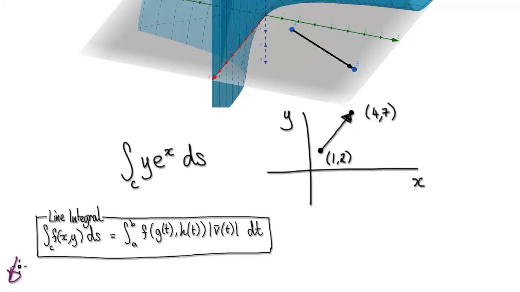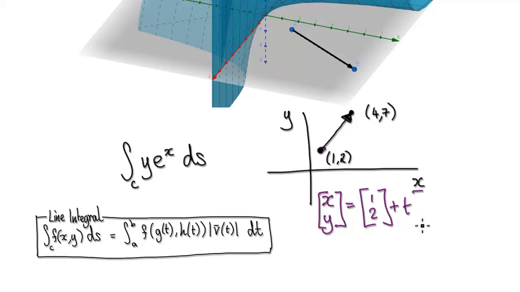Okay, so to do this, we need to work out the speed of the particle as it moves. We need to find a way of driving the particle along this particular path. So set up your parametric equation. You start out at this location, 1, 2, then stick a T in here, and you're going to move 3 across and 5 up.